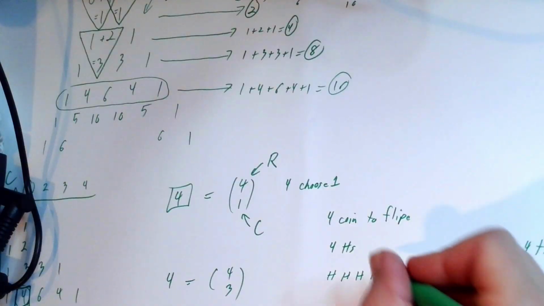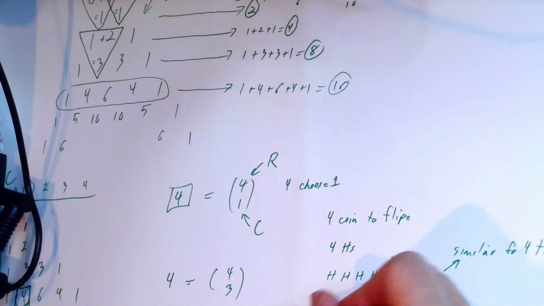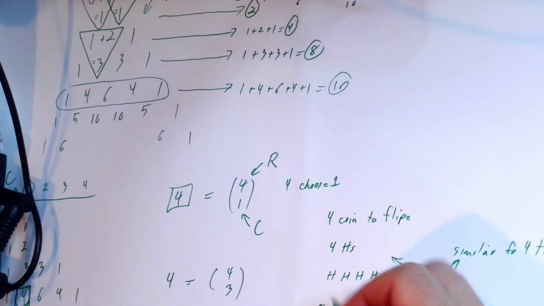There's only one way for that as well. It gets more interesting when we want to think about what would it mean if we wanted to have 3 heads and 1 tail. How many different ways could that happen?